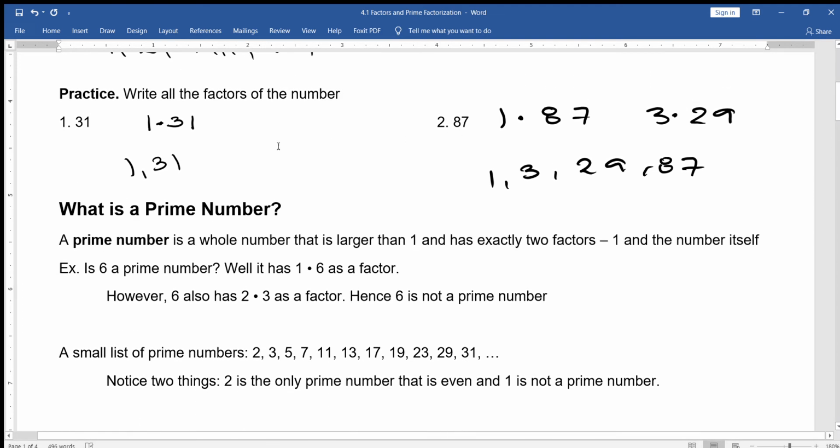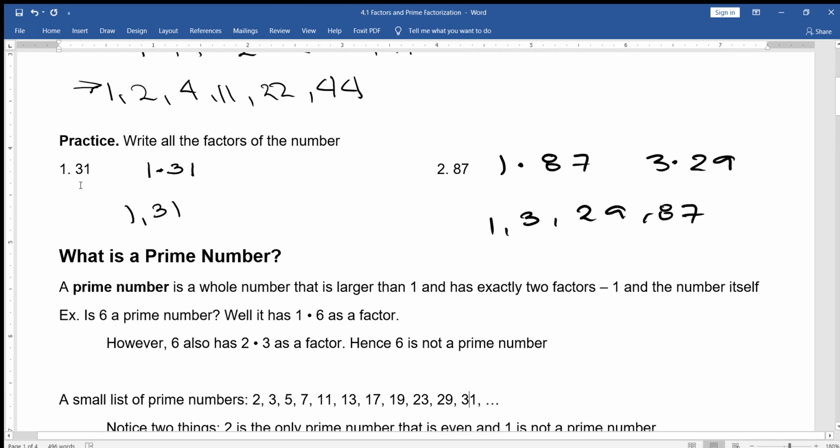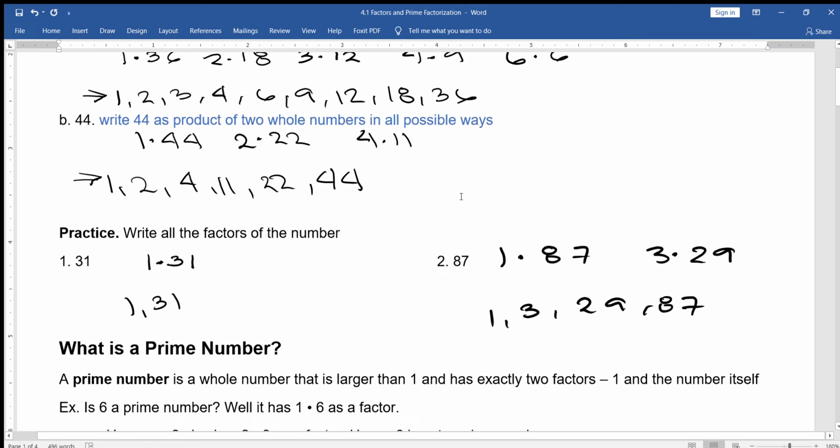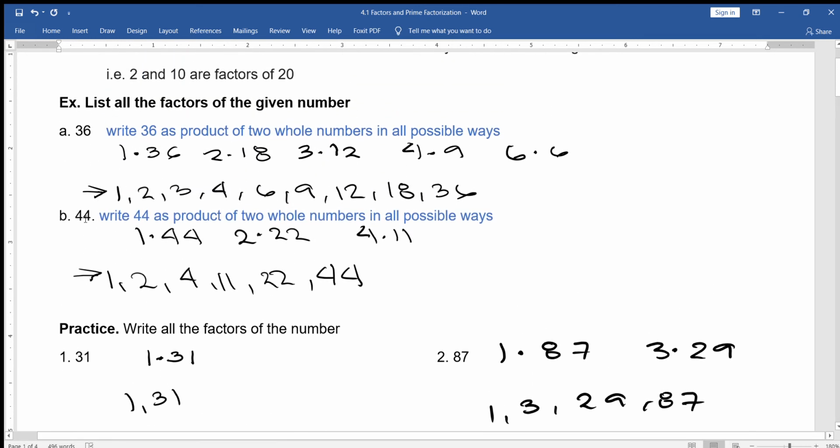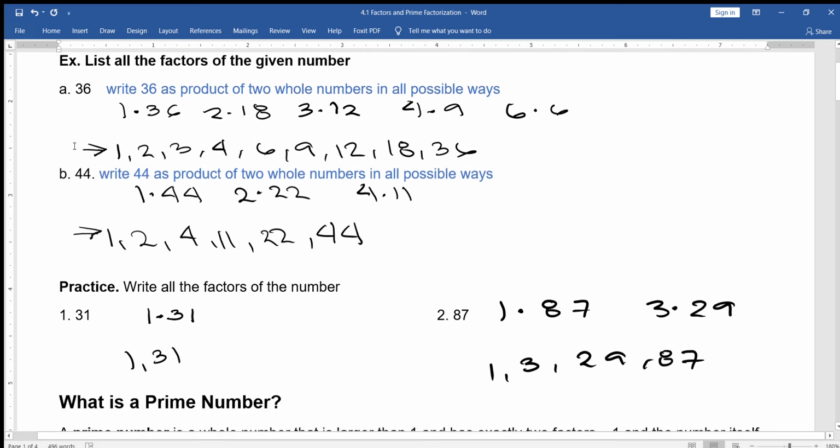So an example is 31 is a prime number, and 87 is a composite number. 44 is also a composite number. 36 is also a composite number.